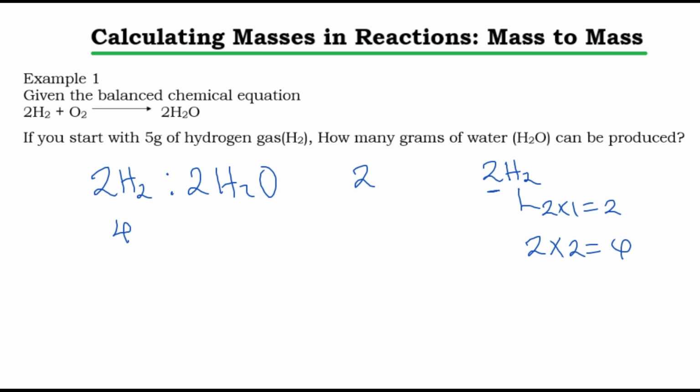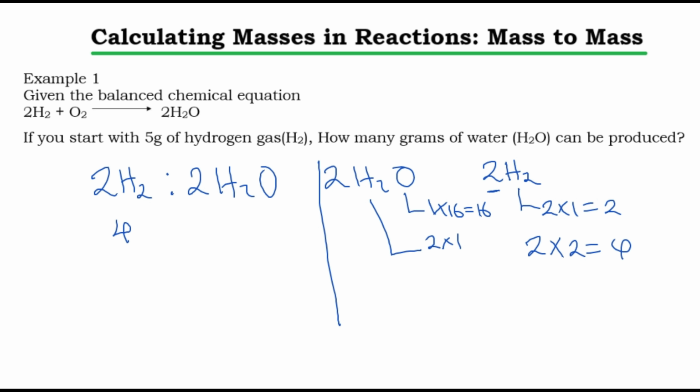Then water, 1 by 16. Okay, let me write it here. Water is 2H2O. So 1 by 16 is 16, and 2 by 1. 16 is the relative atomic mass of oxygen if you check on the periodic table.